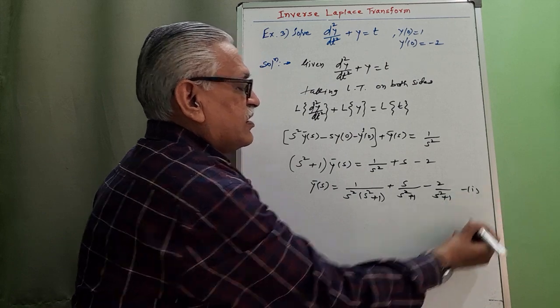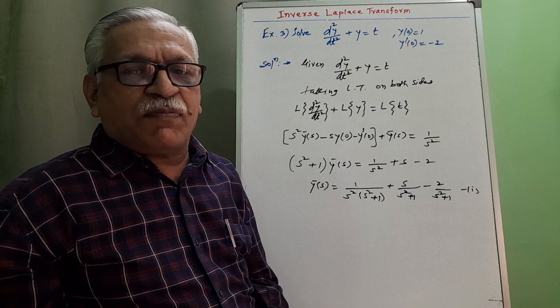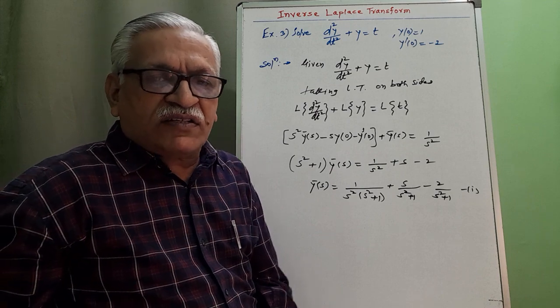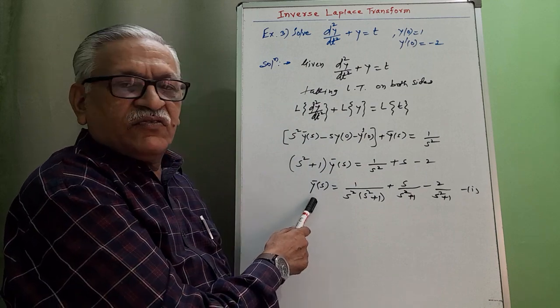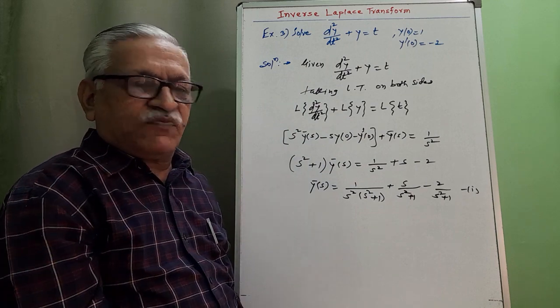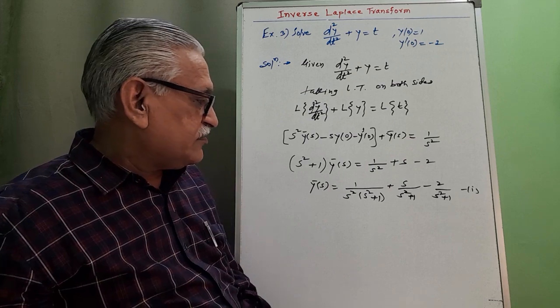Here the first half is completed, in which we have to obtain the Laplace transform of the given equation. And after getting this, we have to find the inverse Laplace transform to obtain the value of y of t.